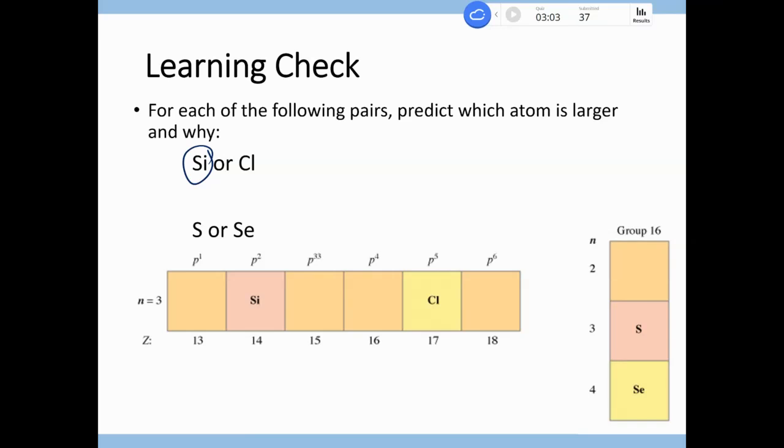So yes, selenium has more protons, but that does not outweigh that the electrons are in a larger energy shell. So higher principal quantum number outweighs the effect of having more protons. So that's why we can only compare number of protons if we're in the same row, so same principal quantum number. Questions on atomic sizes, any of these trends?